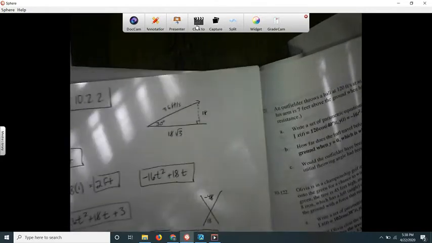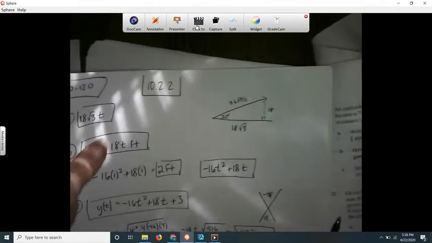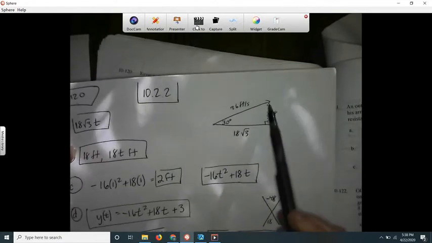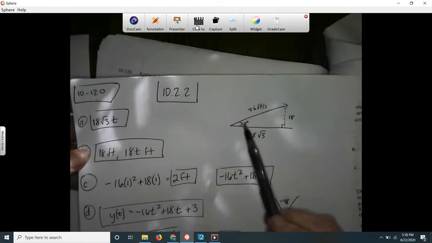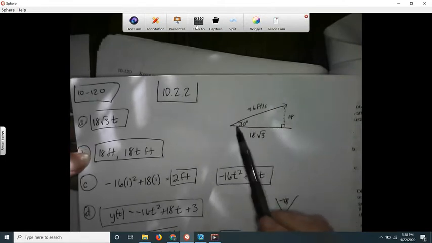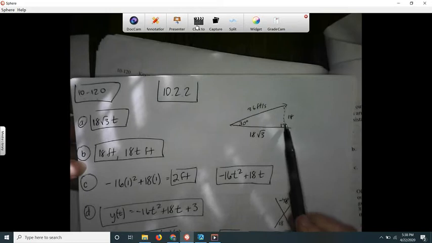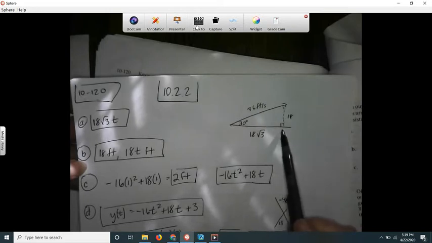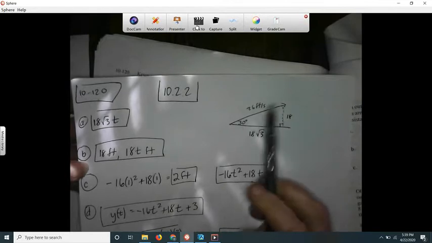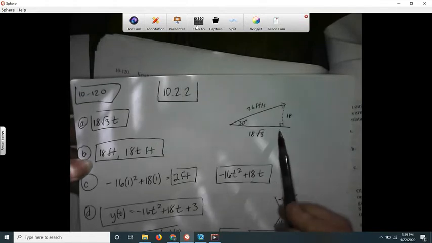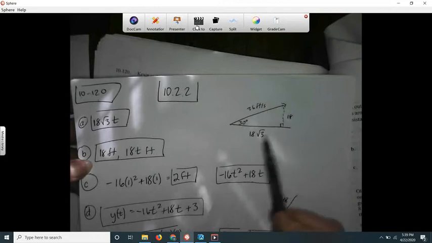So what I did is I made the diagram, and then I realized that I'm going to have a horizontal component and a vertical component, and I need to find out what they are. And so I made a right triangle, and then I have a 30, 60, 90 triangle now.